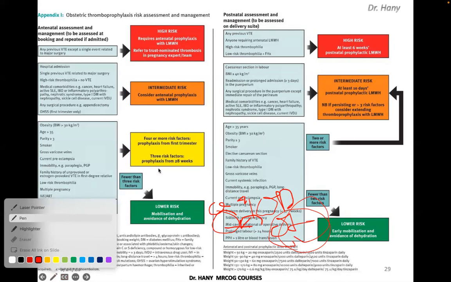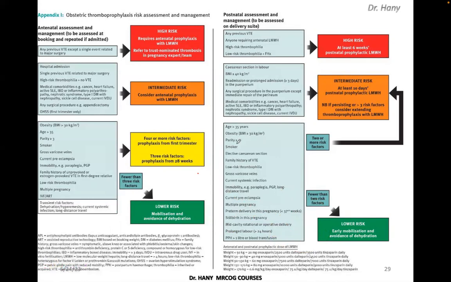Dr. Hani, regarding the admission, is it in the antenatal and postnatal? Admission antenatal will be considered during the period of admission, but readmission in the postnatal is 10 days. Readmission, moderate risk factor, 10 days.